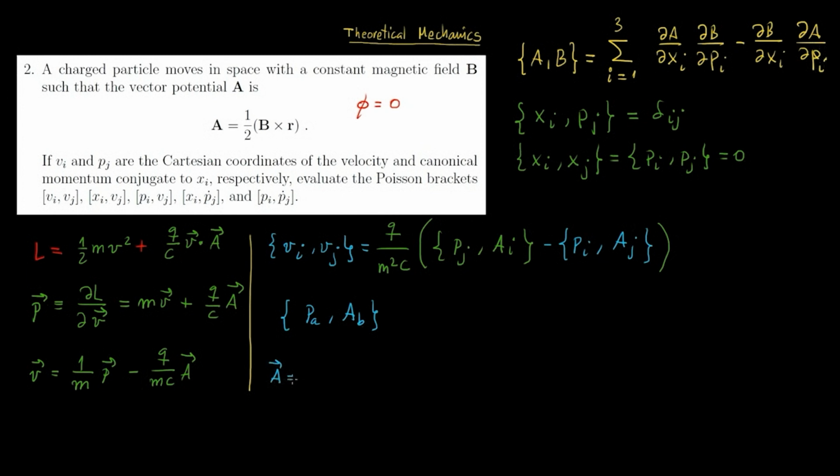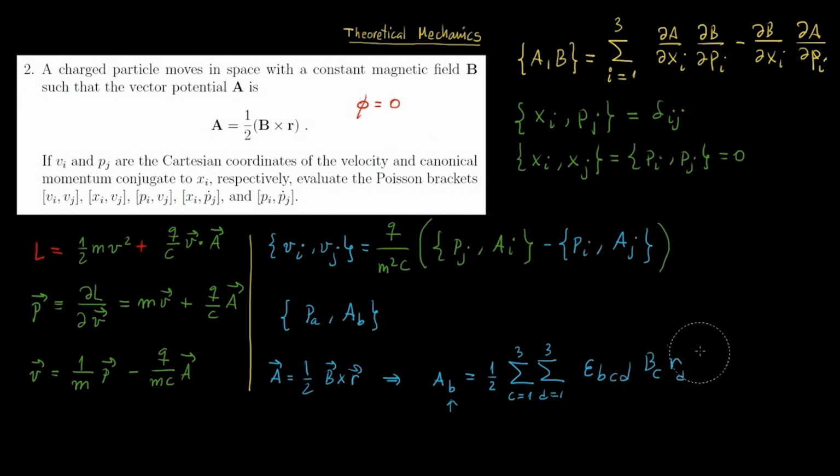The vector A is 1/2 B cross R in this exercise. So if we are interested in the component b, then you know that it is the sum from c equals 1 to 3, sum d equals 1 to 3, epsilon with indices b, c, d, and you must write here B_c and R_d. But R_d is better if we write x_d, the d component of the position vector.